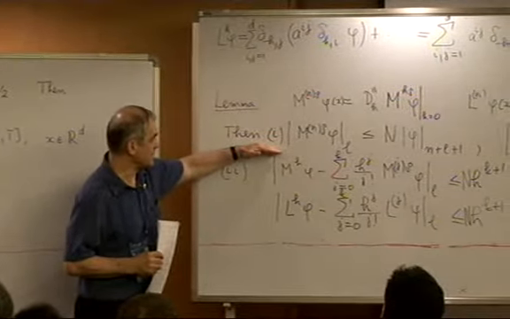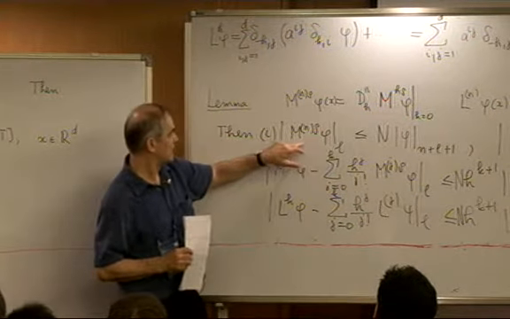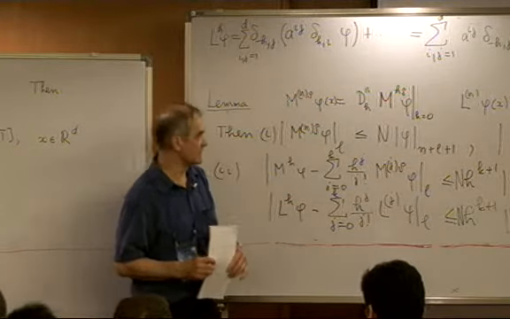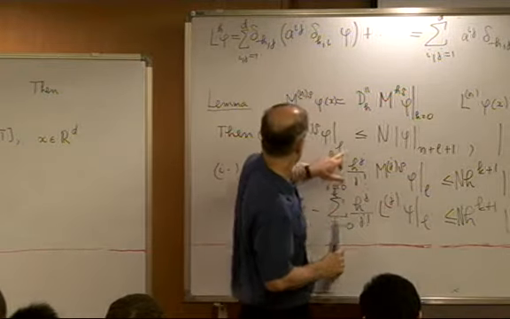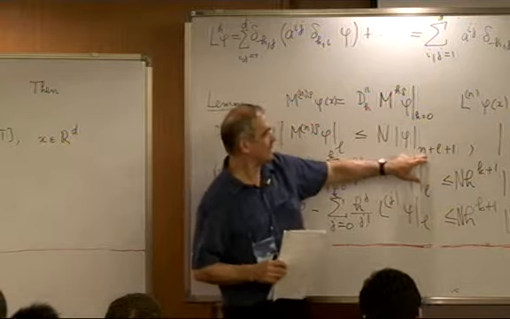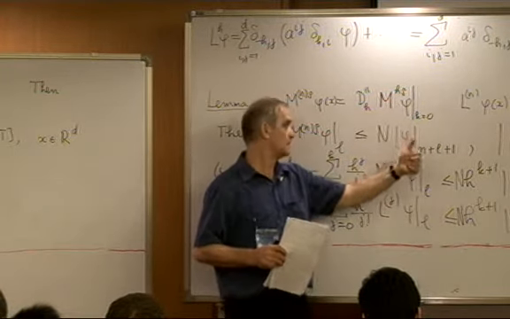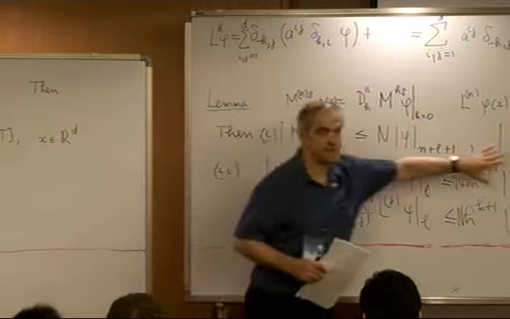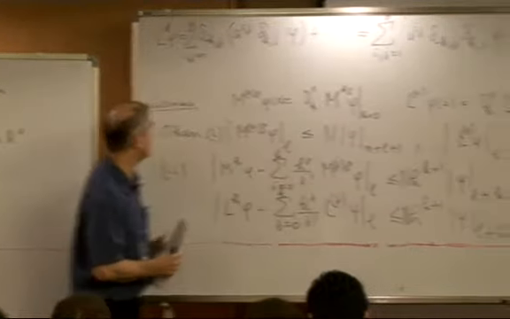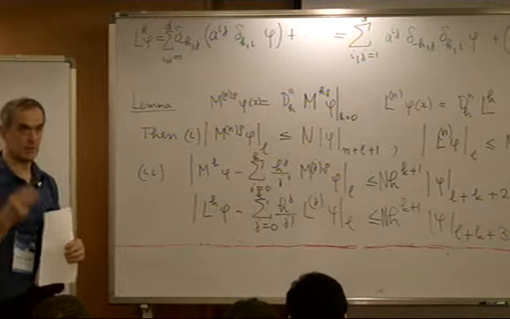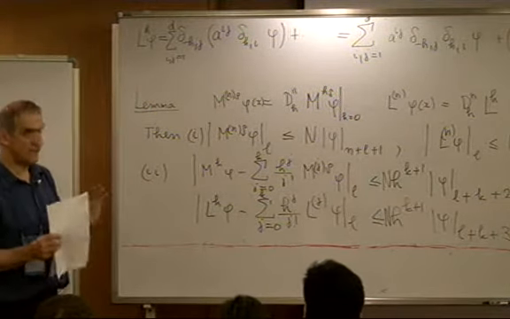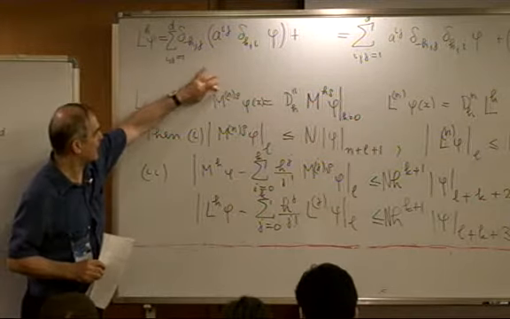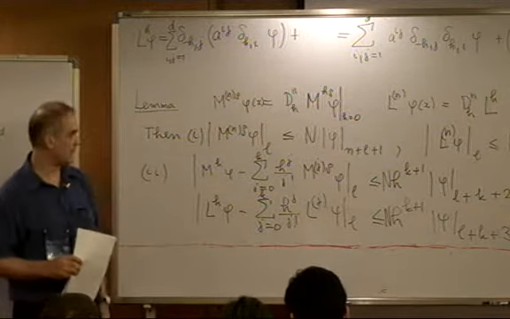And that means that we can extend these operators to be well-defined bounded operators from W n plus L plus 1 into WL, and similarly here. So we have well-defined bounded operators between the suitable Sobolev spaces when we write Mn and Ln.